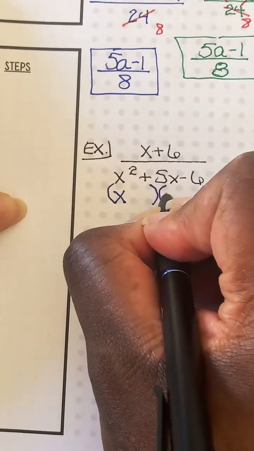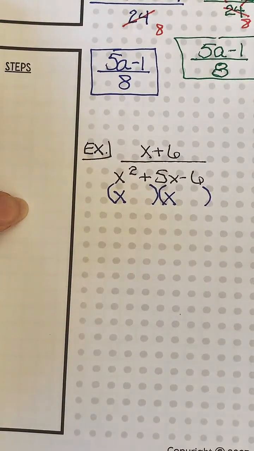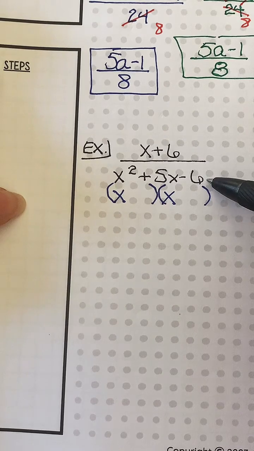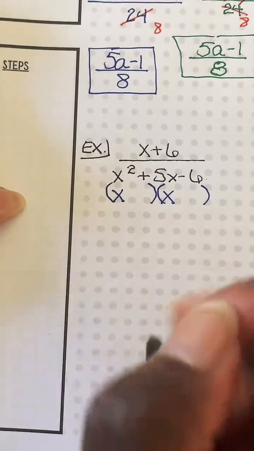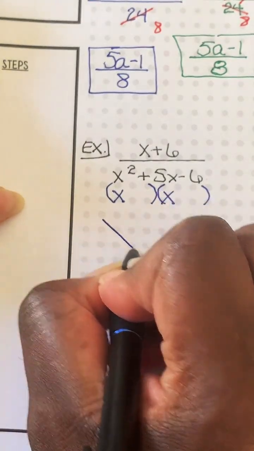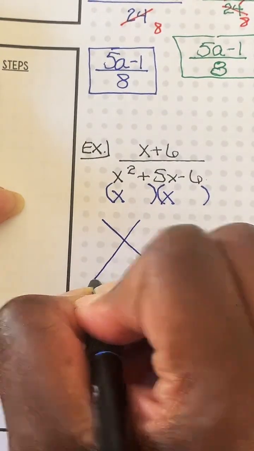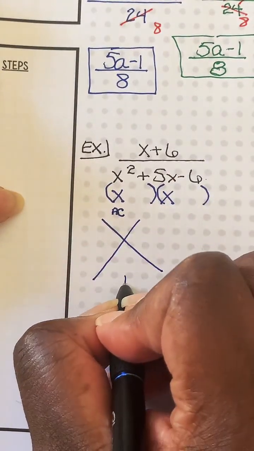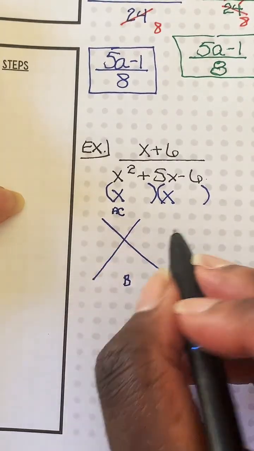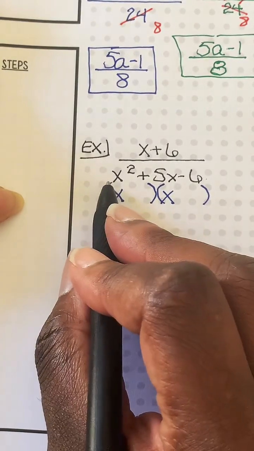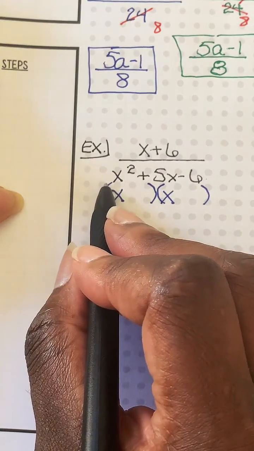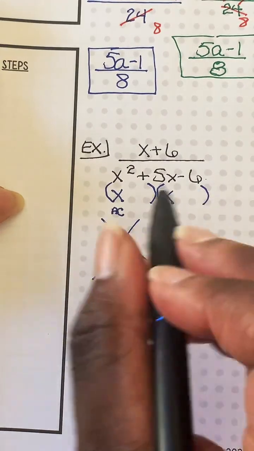We have my x and my x. Now, we have our -6 and +5. So we need to think, and I like to do the cross so you're able to see it a little bit more. This is called AC, because you're multiplying your A and your C. My A is always the coefficient of my x squared, and my C is my constant.